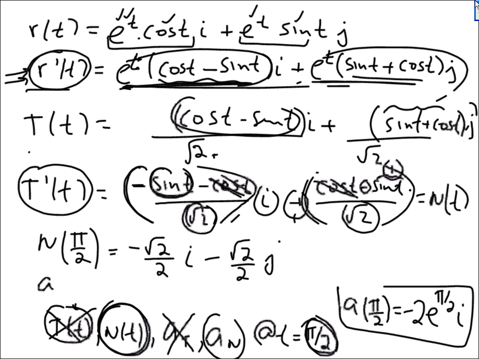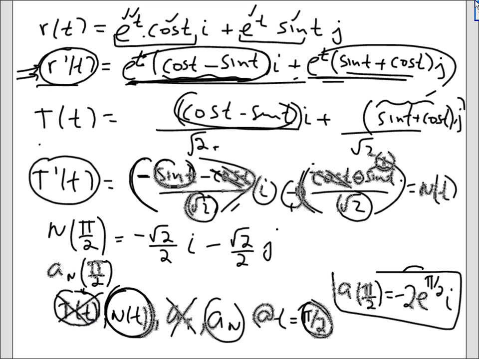Now I need to find a sub N at pi over 2. But a of pi over 2, that's in the bottom right hand corner. It is negative 2e to the pi over 2 in the i direction plus 0 in the j direction.